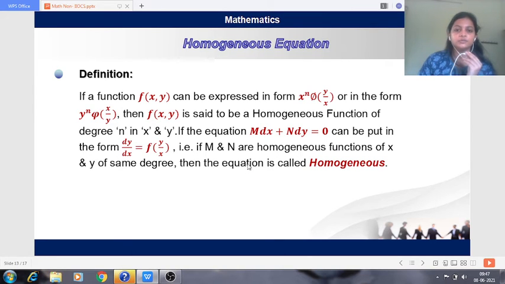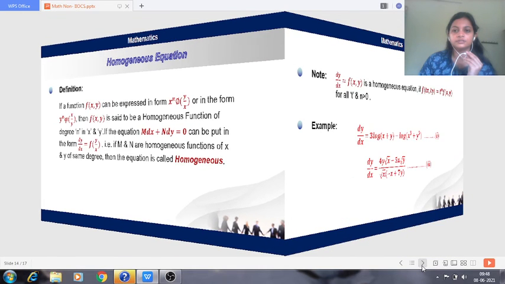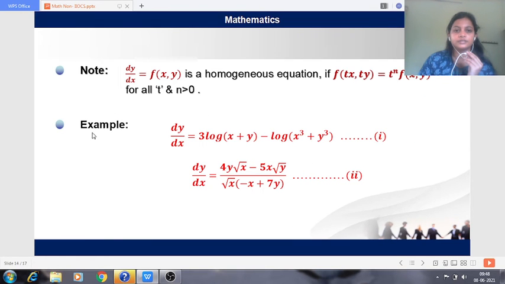That is, in a homogeneous equation, M and N are always of the same degree, and M and N are always homogeneous functions. Now we can see some examples.